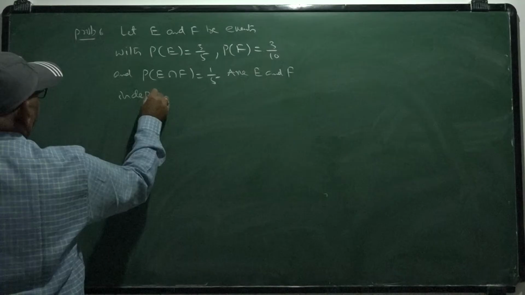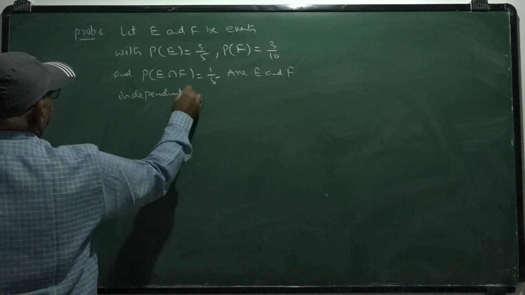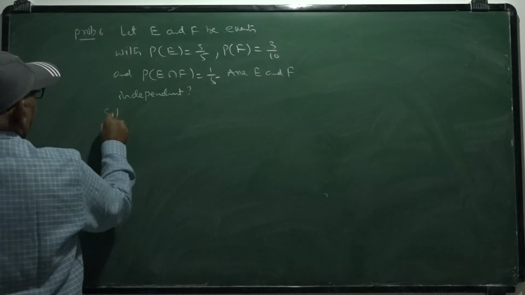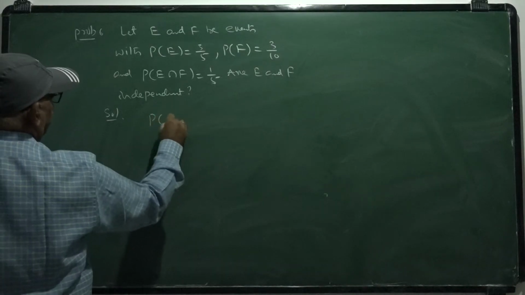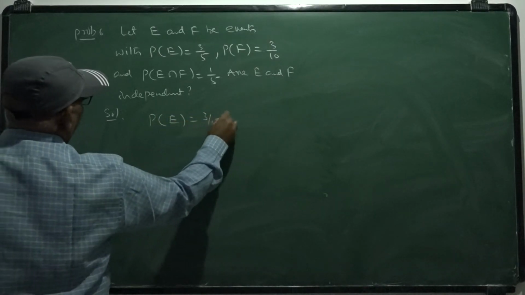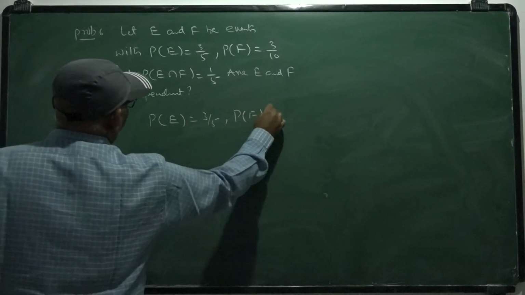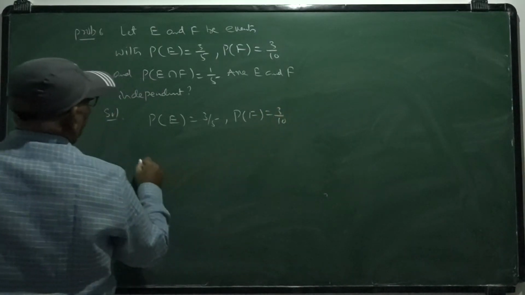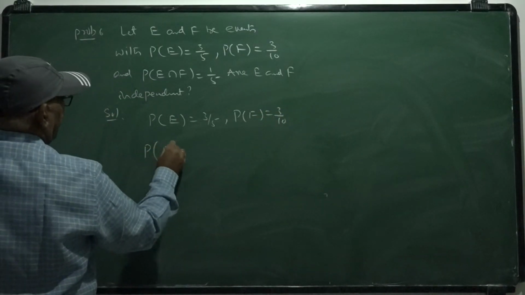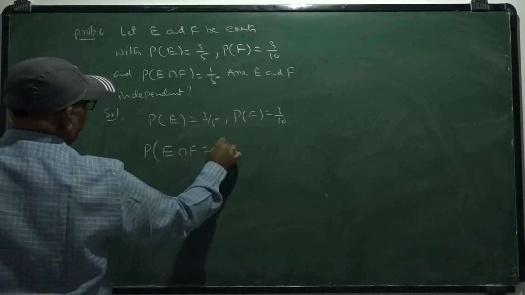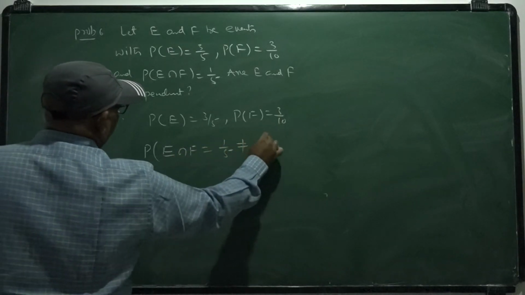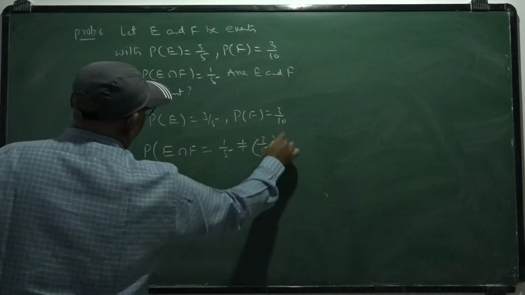This is a very simple problem. The probabilities are given here: 3 by 5 and probability of F is 3 by 10. Probability of E intersection F is 1 by 5, which is not equal to 3 by 5 into 3 by 10.